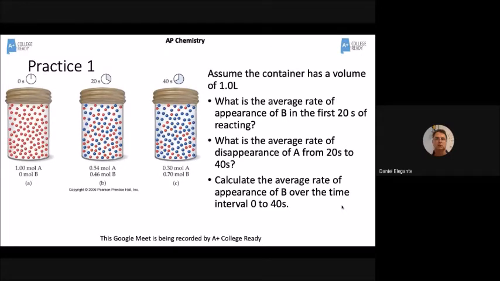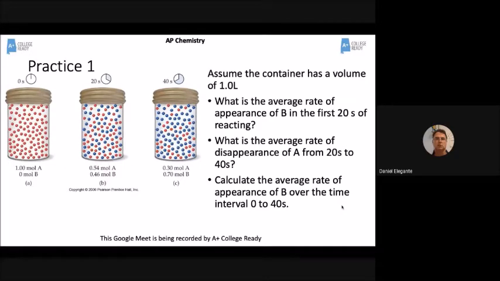Well, it's the change in B over the change in time. So it's 0.46 moles over 20 seconds. You could also look at A. You start out with 1 mole of A, you end up with 0.54 moles of A. So what's the change? Also 0.46 moles. And it happened in 20 seconds.